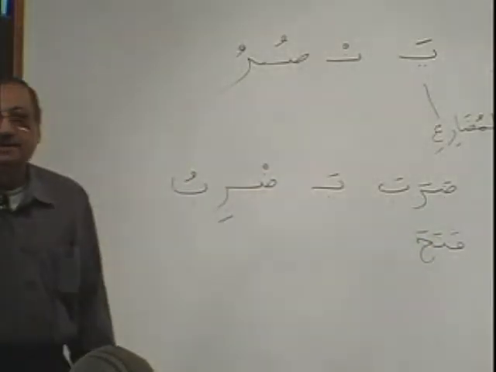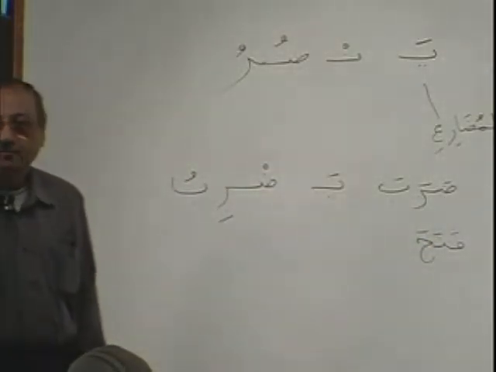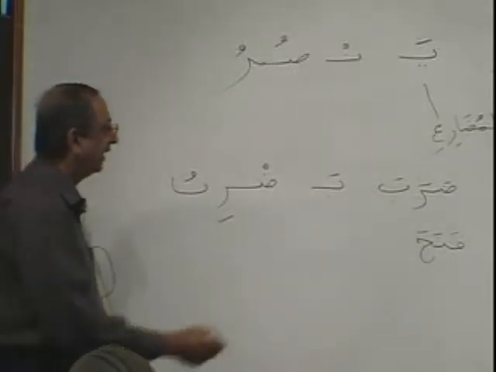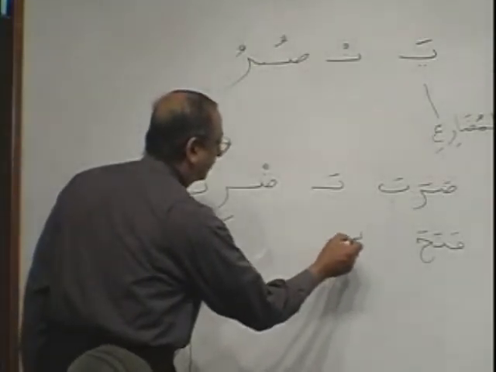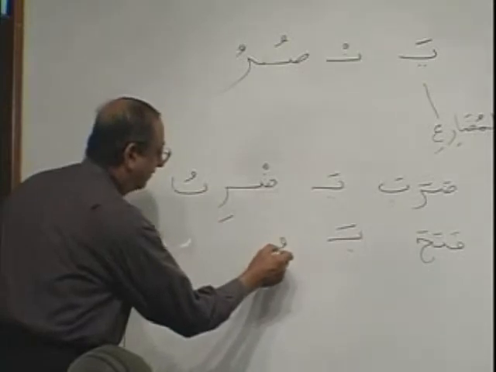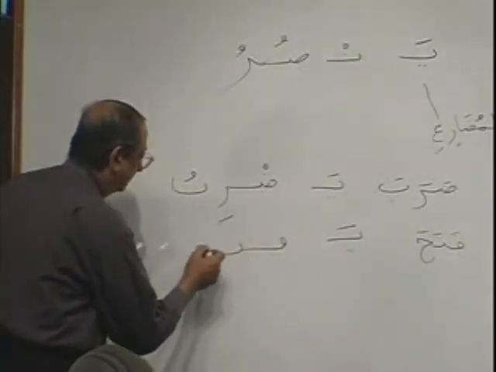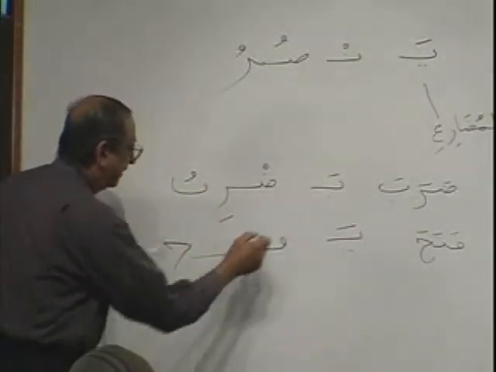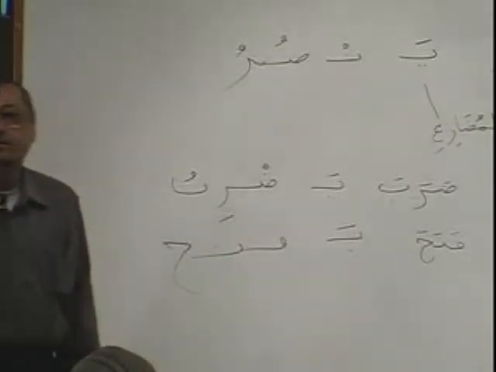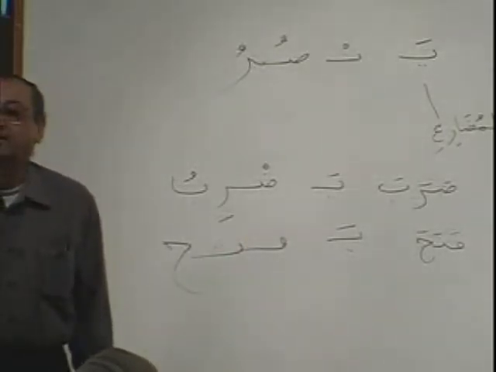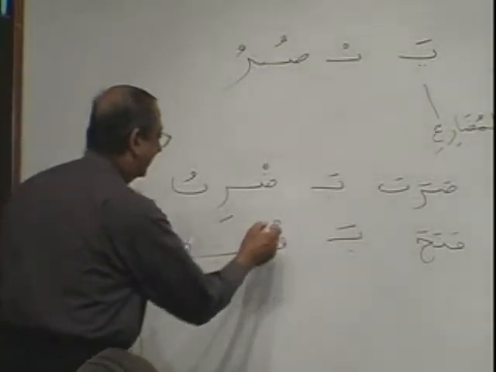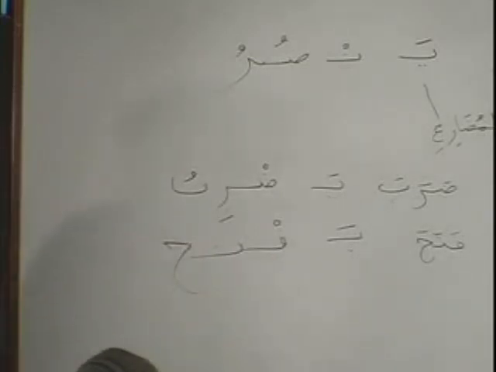Fataha. He opened. Fataha. Okay. Again, I bring my alamatu mudariya and then what should be on first radical? Sukoon. What should be on the third radical? Dhamma.